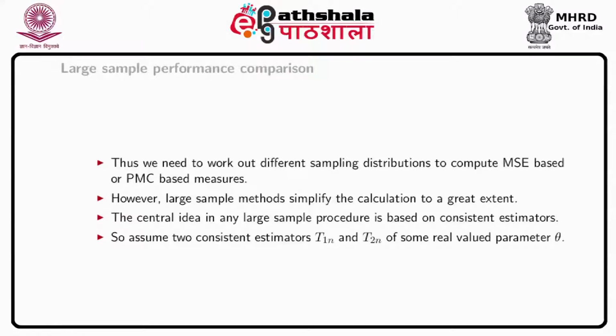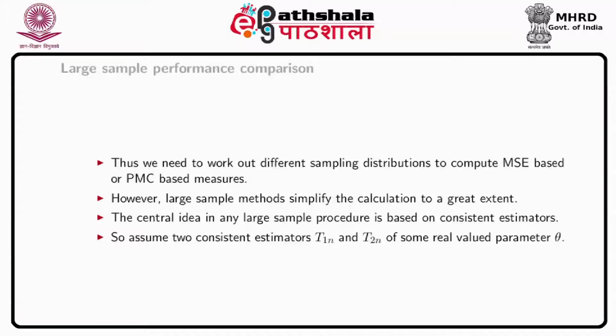Now we come to large sample comparison. We assume that there are two consistent estimators T1n and T2n of some real valued parameter theta, and it means that T1n converges to theta in probability, and at the same time T2n converges to theta in probability. Sometimes it may go to theta almost surely.